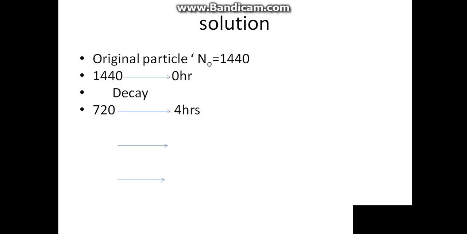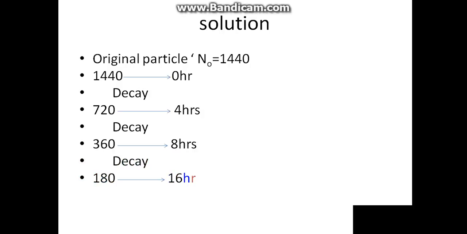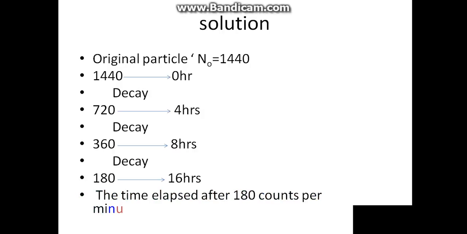Then half of 720 will decay in 8 hours, and half of 720 is 360. Half of 360 will decay in 16 hours, and half of 360 is 180. The time elapsed when the count is 180 per minute is 16 hours.